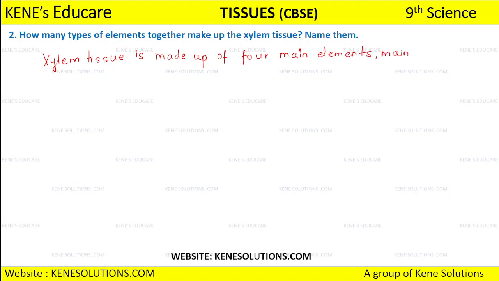Mainly we have vessels, then we have tracheids, after that we have xylem fibers, and after xylem fibers we have xylem parenchyma.